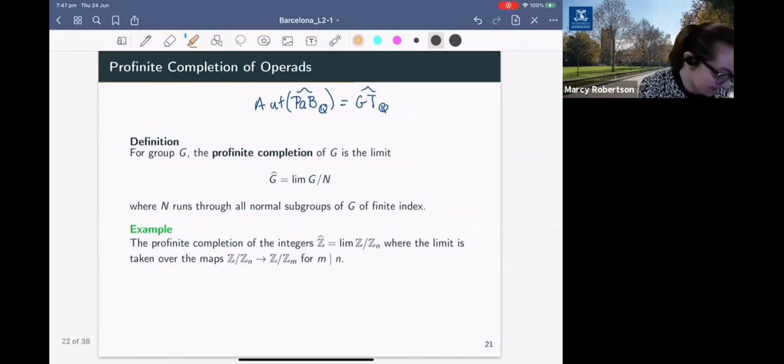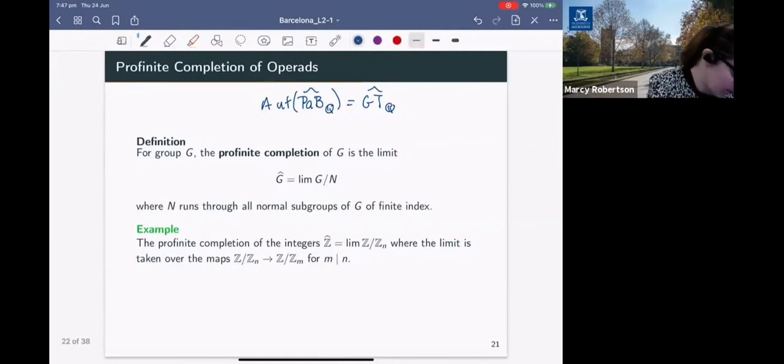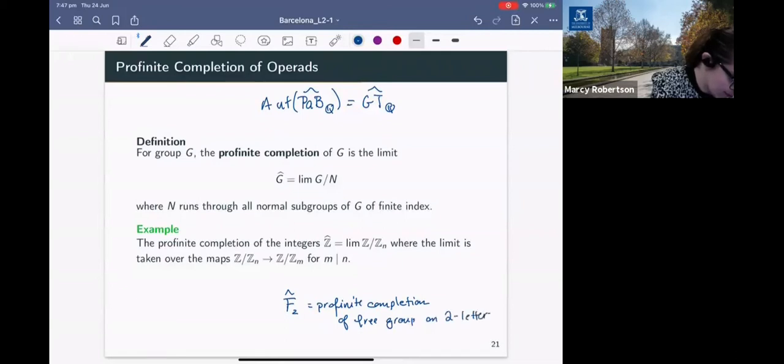So, yeah. Maybe actually a more interesting one to think about is the profinite completion of the free group. This will be coming up tomorrow. So that's a more interesting one to think about a bit.